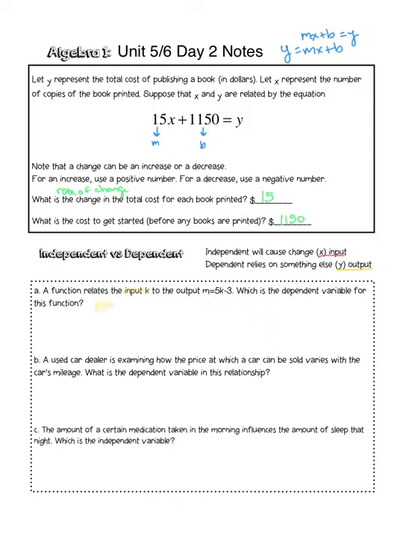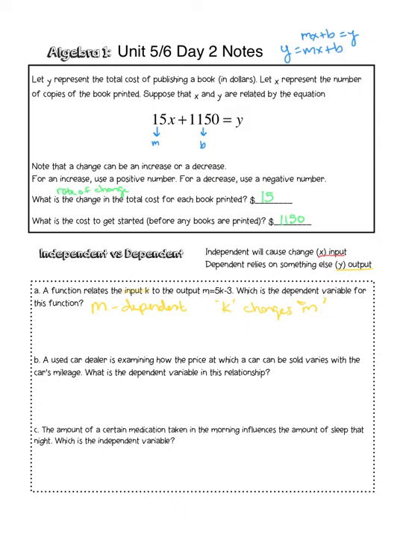So M is the dependent variable. M, dependent. It does not change what happens to K. K changes what happens to M. K changes M. There we go.